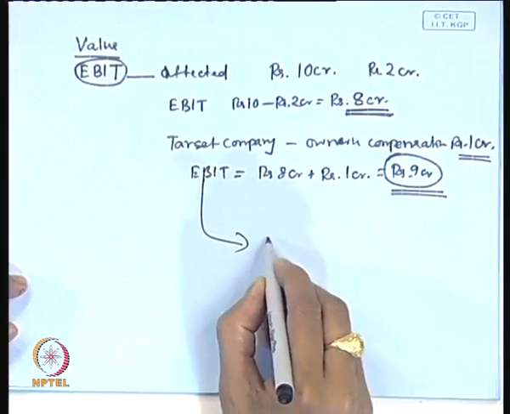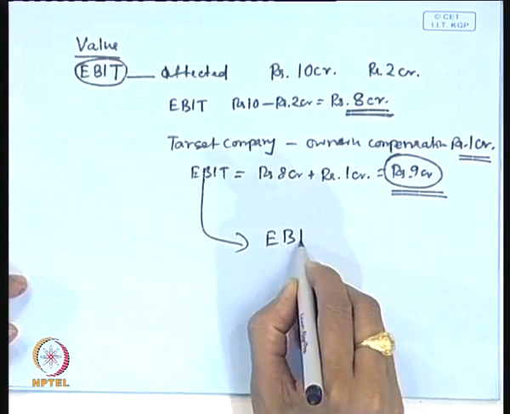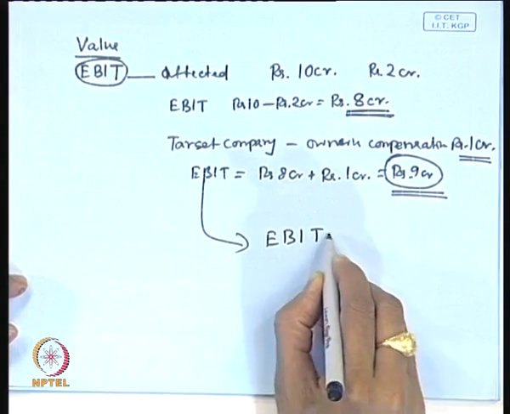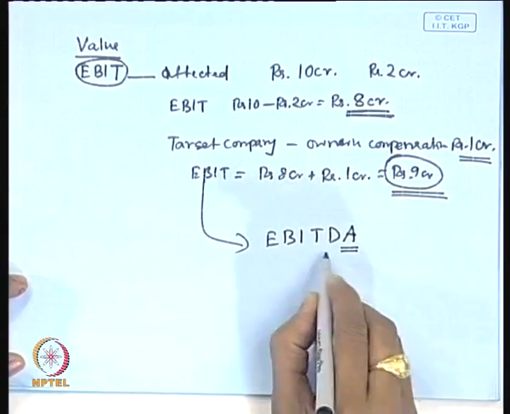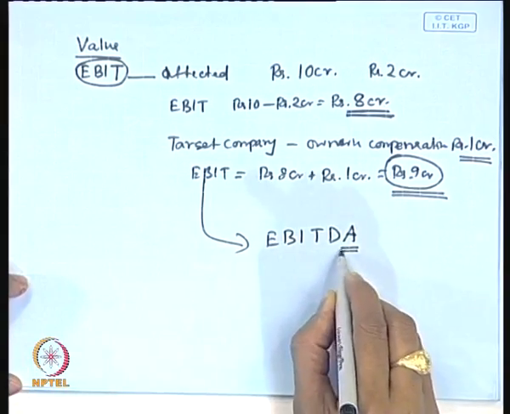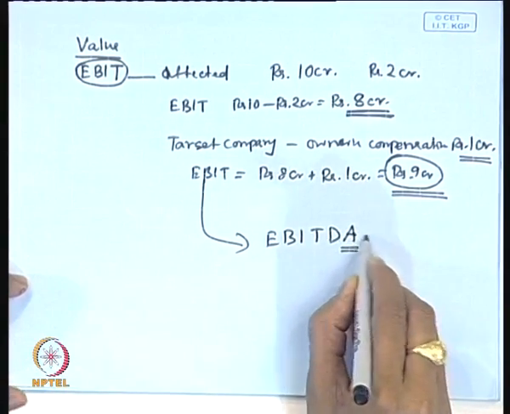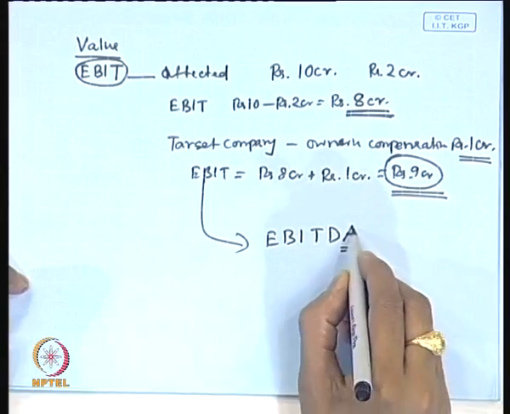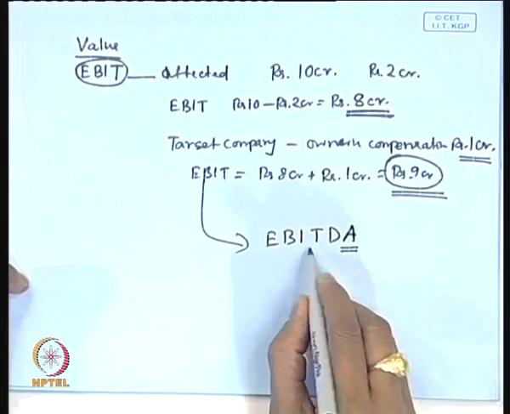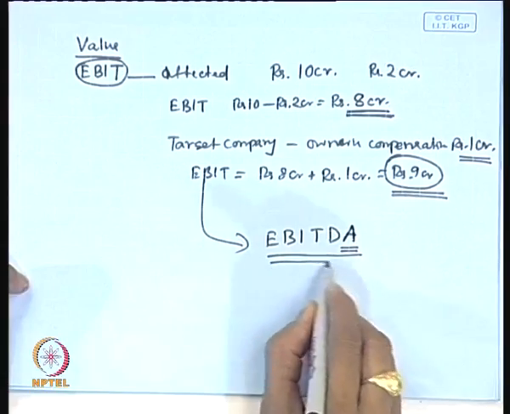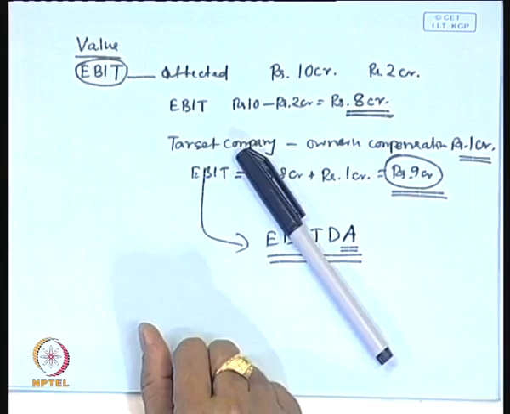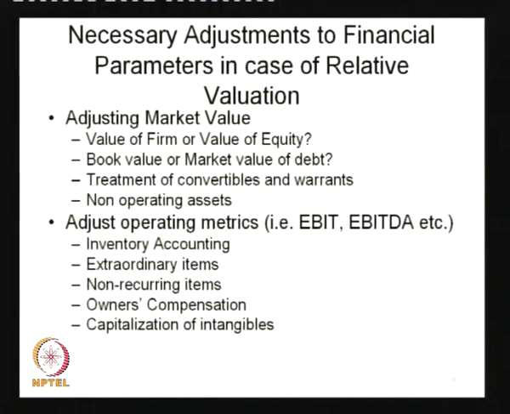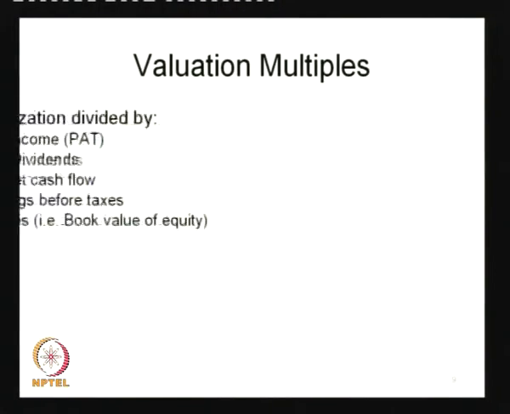So, instead of EBIT, one can have a multiple based on earnings before interest, tax, depreciation and amortization. The A in this EBITDA term takes care of the amortization of intangible assets. So, that has to be taken out so that it does not affect the figure. Before amortization, whatever the profit is, that could be the base for the comparable multiple. So, these are the adjustments which the valuer should do before finding the valuation multiple.